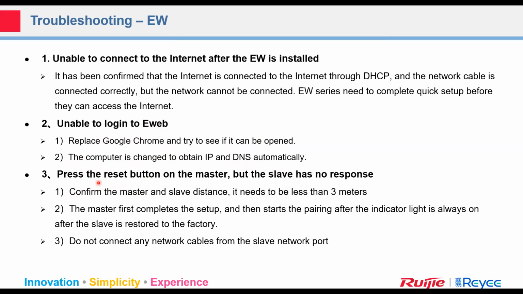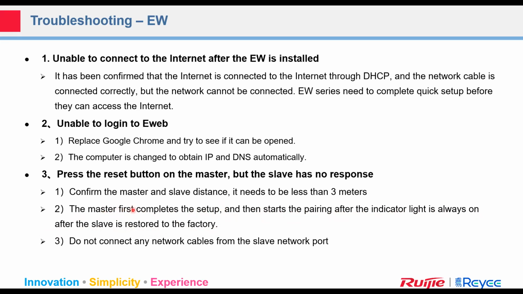So what happens if you press the button on the master, but the slave has no response? You need to confirm the distance between the slave and the master. It has to be less than 3 meters. Number 2, the master needs to finish the complete setup, then start pairing. You can start pairing after the slave is factory default.